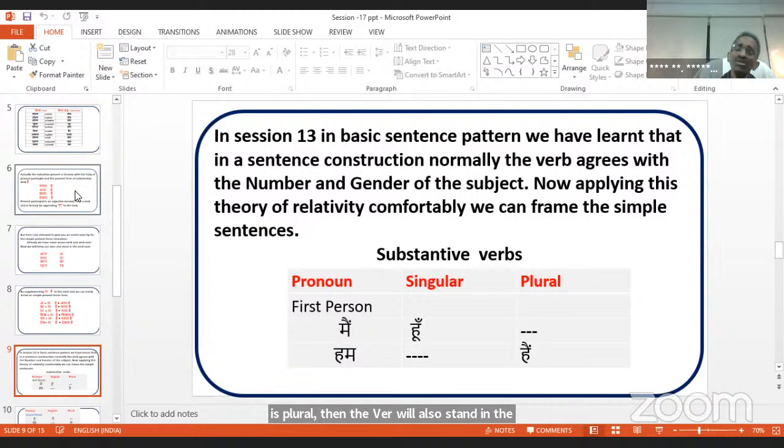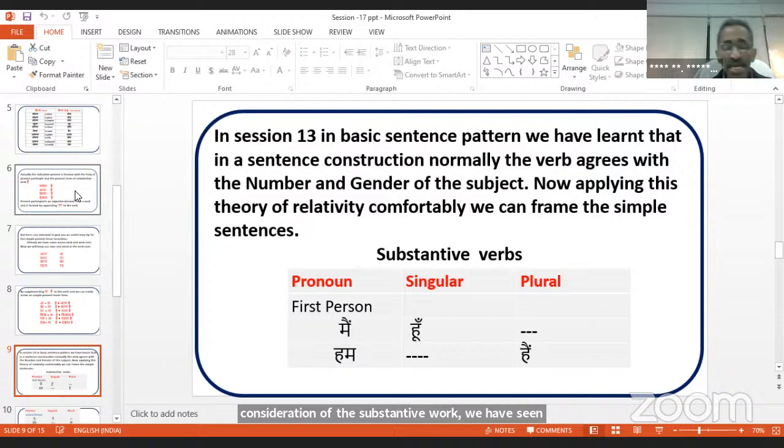So last time also we have seen the pronouns. The first person, there are two, main and hum. You may be aware of that. Main means I, hum means we. So main, with the substantive verb, we have seen that you have to give hai.